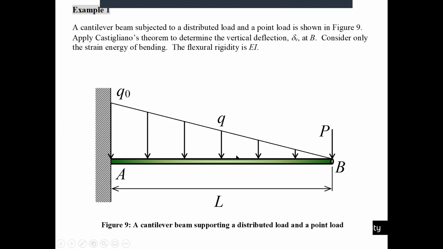When you separate virtually somewhere here, you need to find the bending moment from this point. Until this point, what is the bending moment? And due to this distributed load, what is the bending moment around this point? Like that, you need to find out.